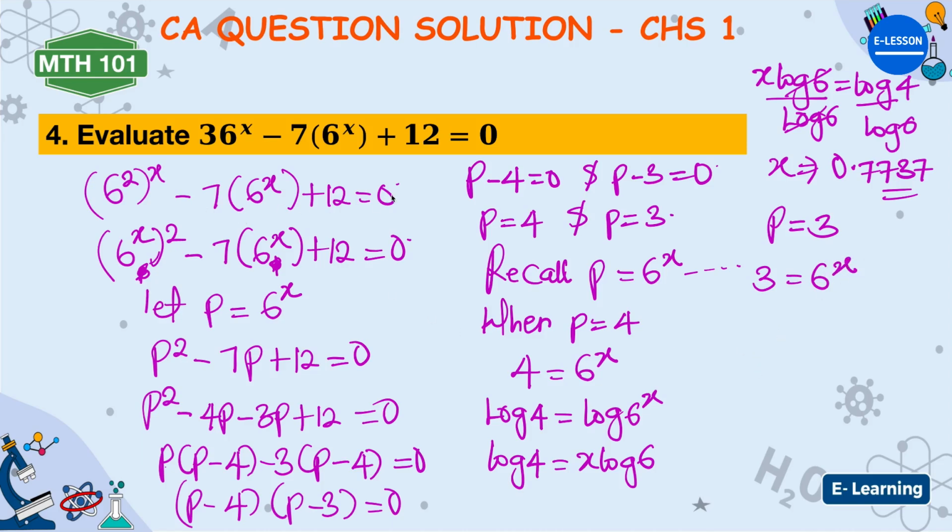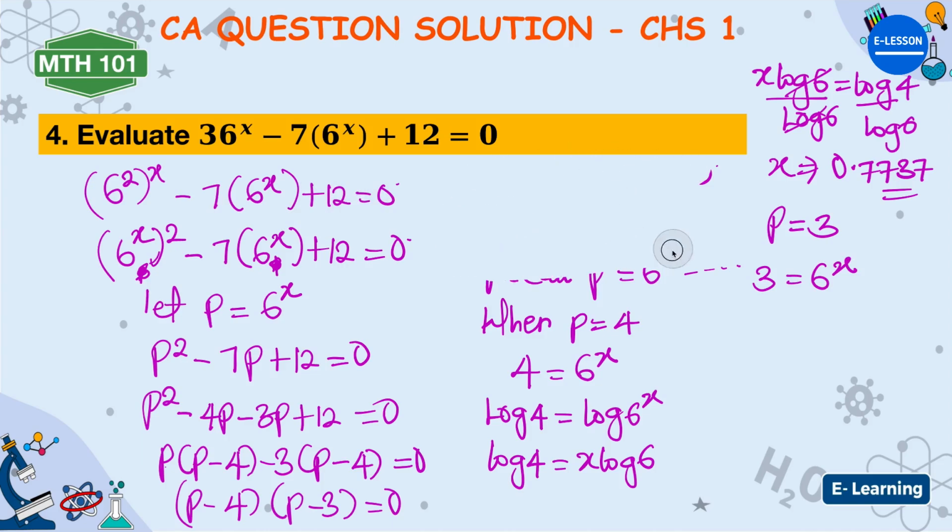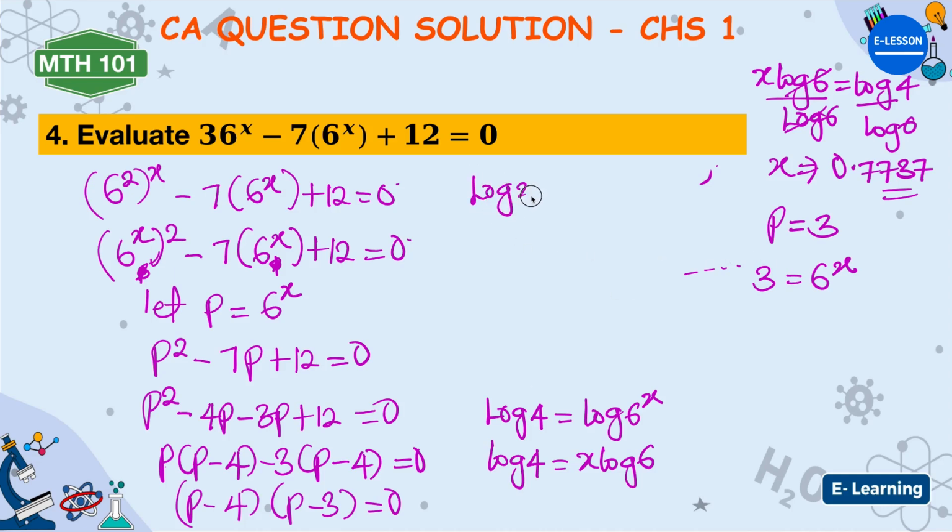You're also going to find the logarithm of both sides. Log 3 is equal to log 6 to the power of x. Take this x to the back according to the law of logarithm. My dear student, what would this give to us? Log 3 is equal to x log 6.